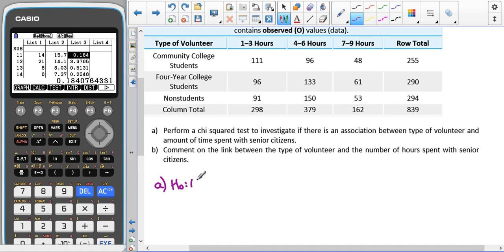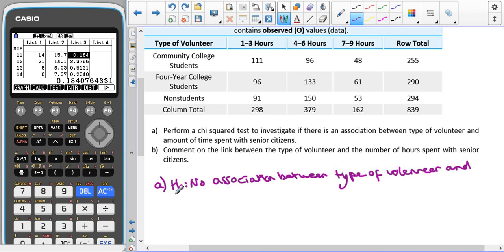So our H0 is that there's no association between type of volunteer and hours spent volunteering.